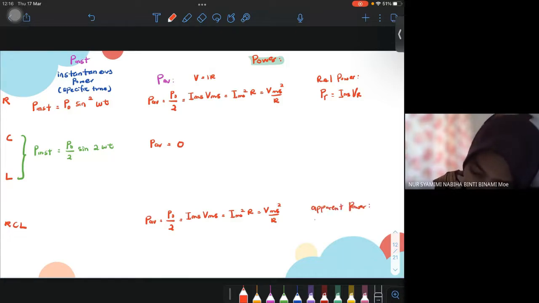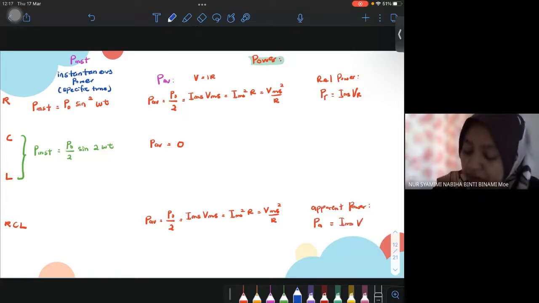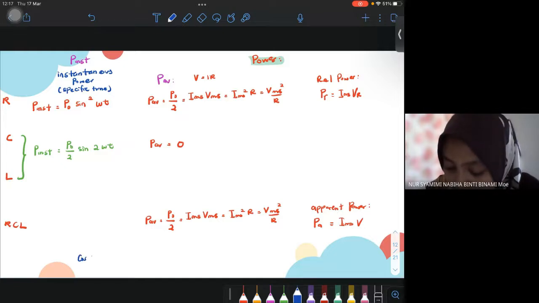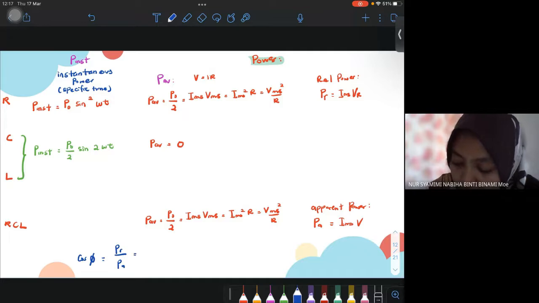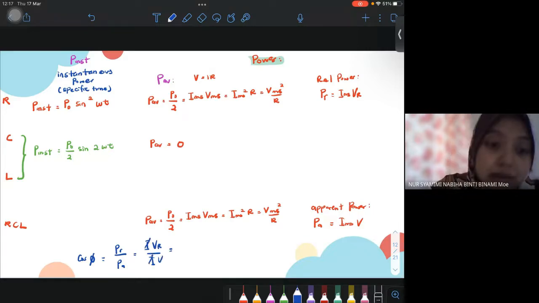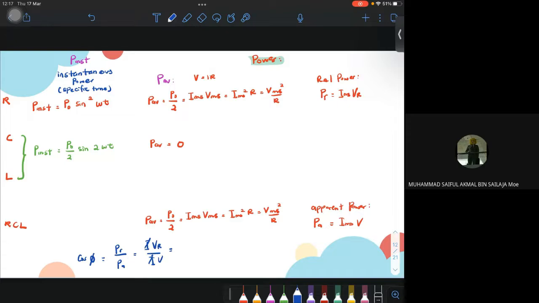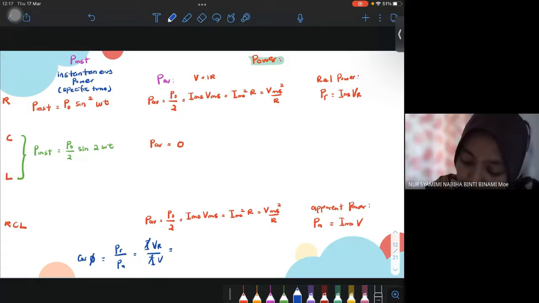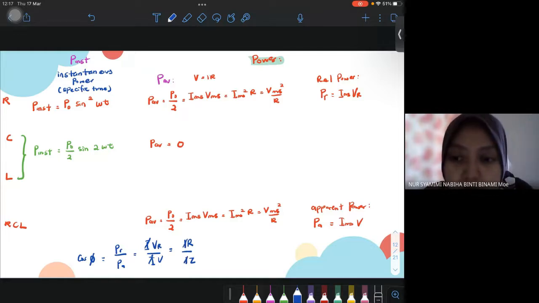So apparent power is P_A equals I_RMS V. So we can find the power factor, which is cos phi equals P real divided by P apparent. So P is I VR over I V, so we can cancel I. And V equals IZ. So I R over I Z. So we can also get it here. So that is the power factor.